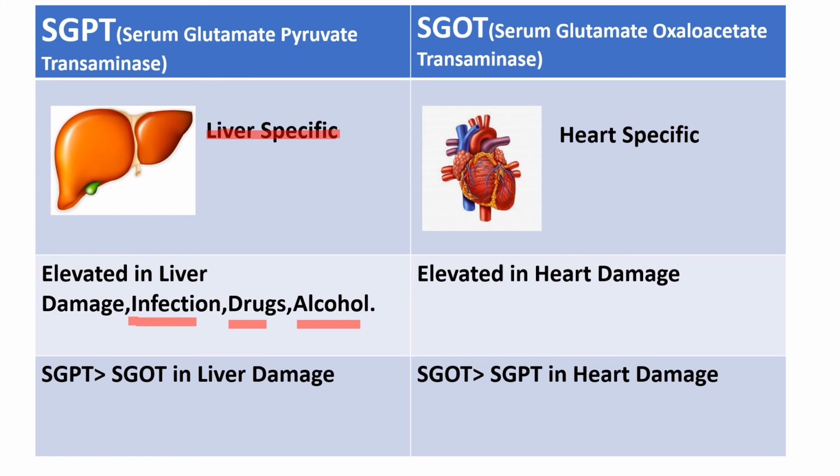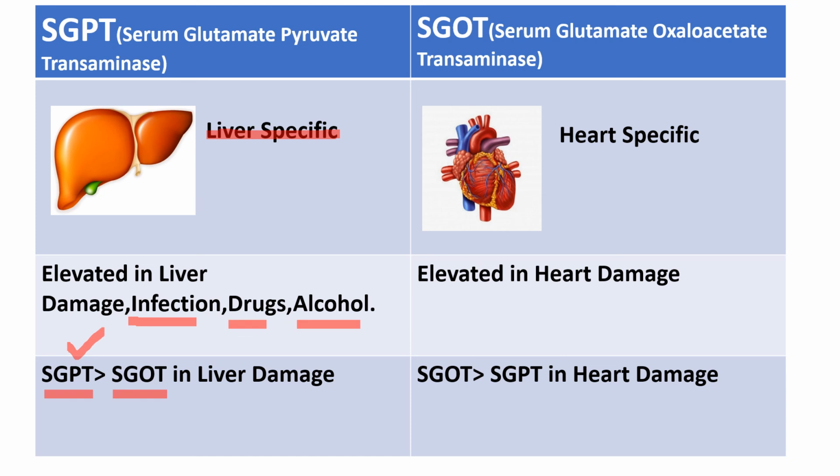Drugs can damage the hepatocytes, and alcohol is also responsible for damaging them. In this condition, both SGPT and SGOT are elevated, but the concentration of SGPT is higher compared to SGOT. That's why, if a patient is suffering from liver damage, there is an increase in the level of SGPT.